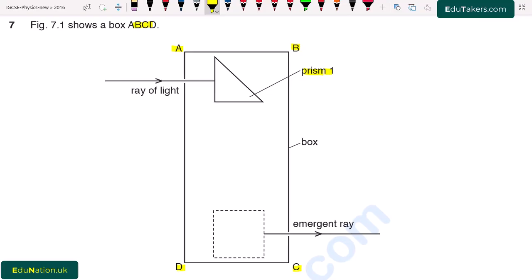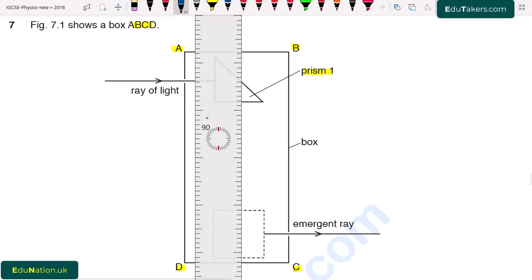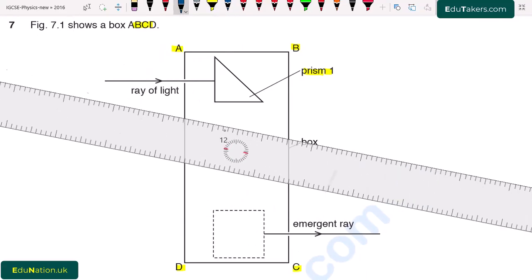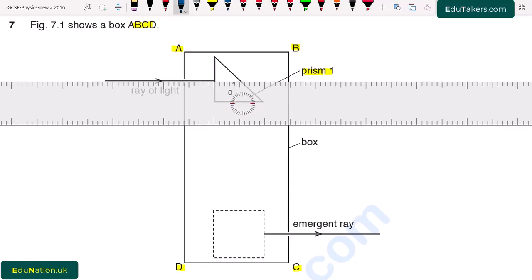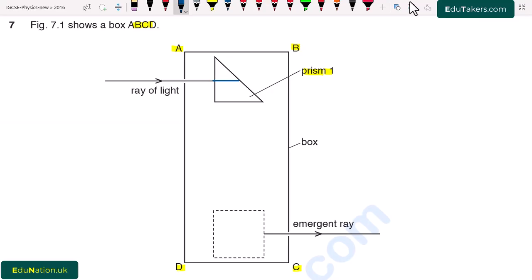It means that this ray will be reflected. There will be no refraction. Now I am going to draw the path for this ray. So this is the path of the light.